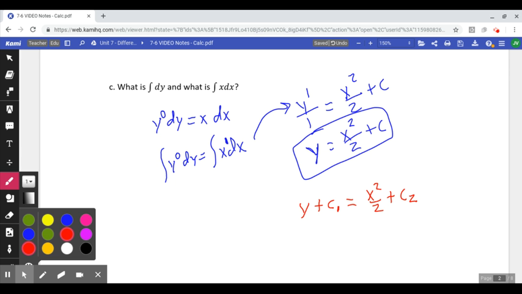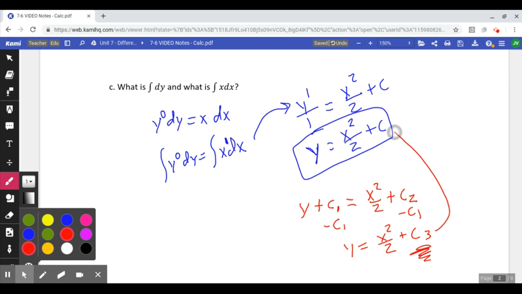If we subtract c sub 1 from each side, we're going to have y is equal to x squared over 2. And then c sub 2, or some constant, minus another constant is yet a different constant. So that would be c sub 3. Well, we don't need the c sub 3 if we just have one constant in the equation.